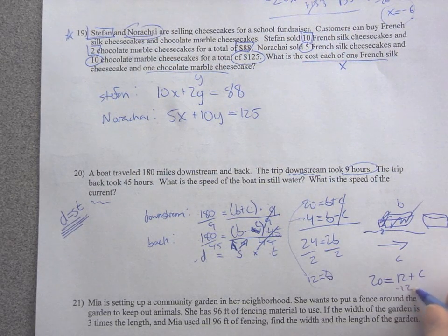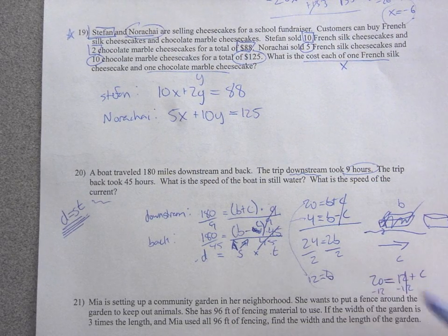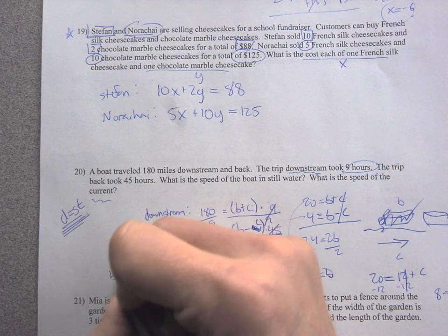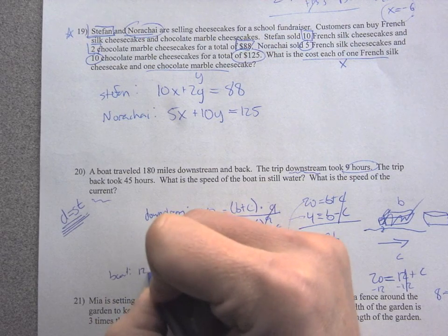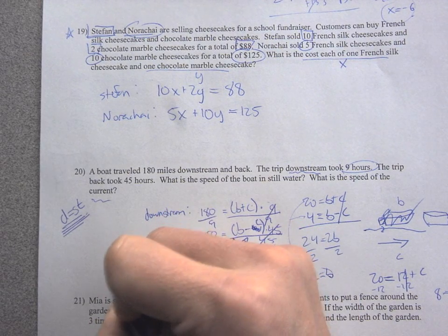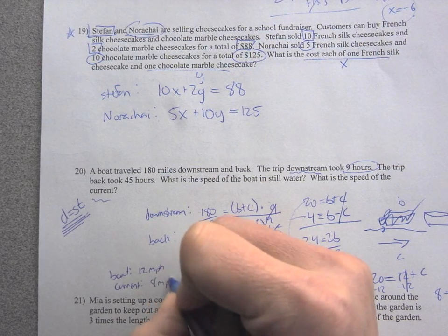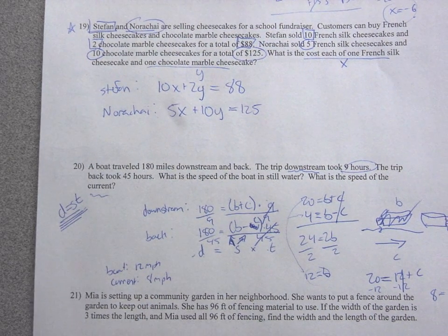So if I just subtract 12 from both sides, I get 8 equals C. Right? So the boat is going 12 miles an hour, the current is going 8 miles an hour. So boat speed, 12 miles per hour, speed of the current, 8 miles per hour. Right? If you add them together, you get 20. If you subtract them, you get 4.